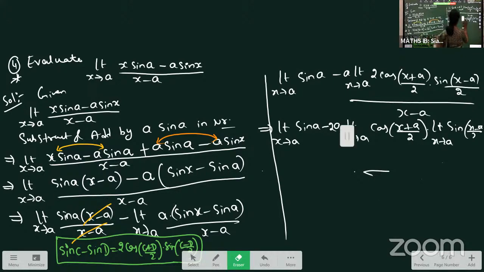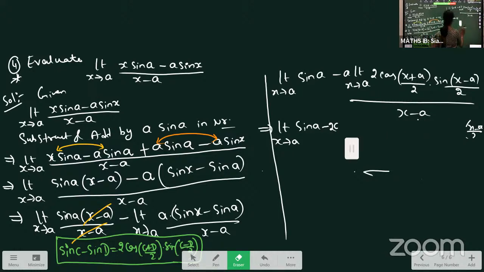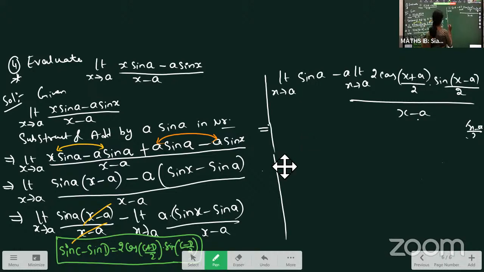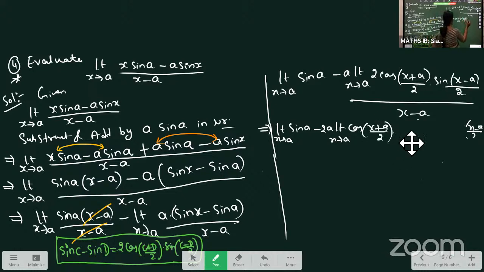I'll write this step again. So limit x tends to a, sin a as it is. If you take 2 outside, minus 2a, limit x tends to a, cos of x plus a by 2. Write limit again, limit x tends to a, sin of x minus a by 2. Write this denominator to it.